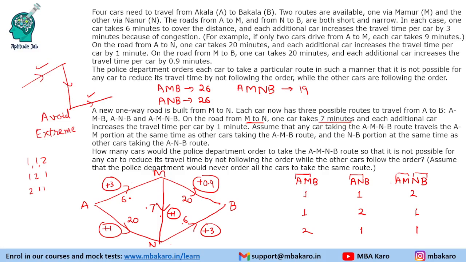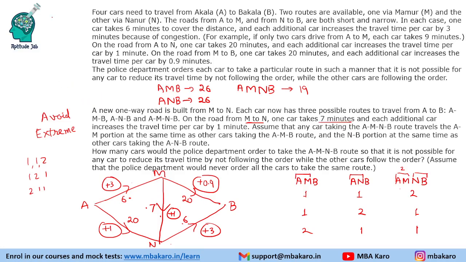That will be the time taken. So we will have to find out in each scenario how much extra time a car will take. Now suppose a car is going from AMB. So in this route AM, it will encounter two extra cars because two cars are going in this route. So normal time is 26. Okay. So case 1, I'm writing the times here.